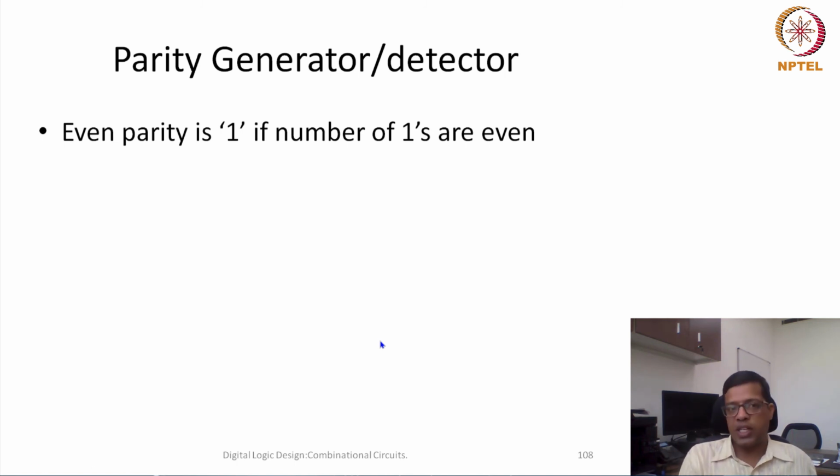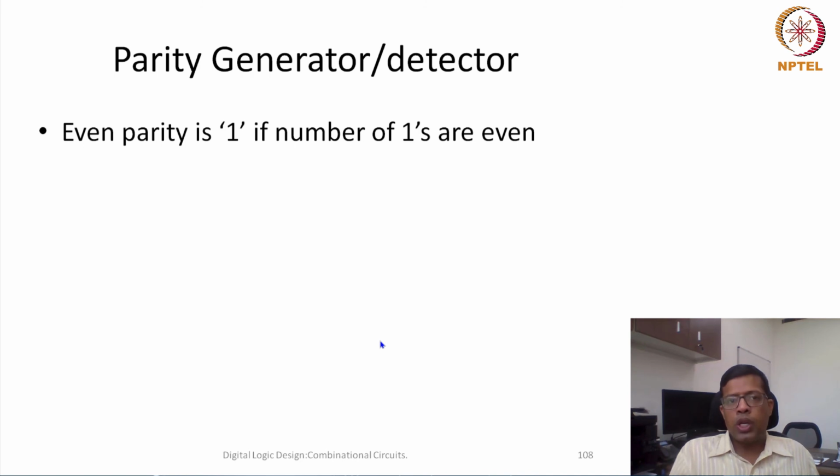So parity is one of the techniques which can be used to detect if there is a flip of one particular bit. More sophisticated error correction codes and error detection codes are there, which can also correct if some of the bits are wrong, and they can also find out if more than one bit have flipped or are wrong.